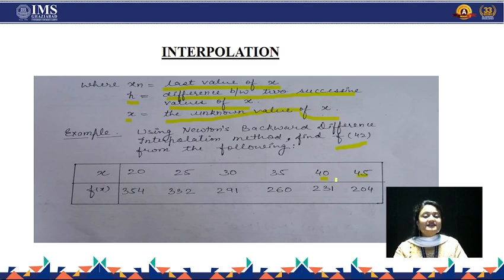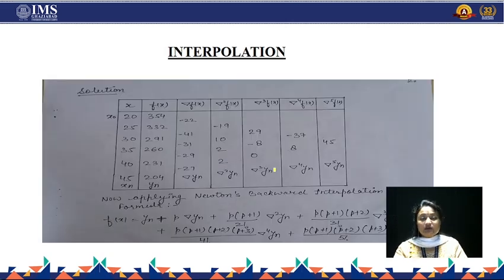That means we have to use Newton's backward difference interpolation method only. This is the key point which you need to remember: if the unknown value lies among the last values, it is mandatory to use Newton's backward method. Okay, now let's talk about the solution part.